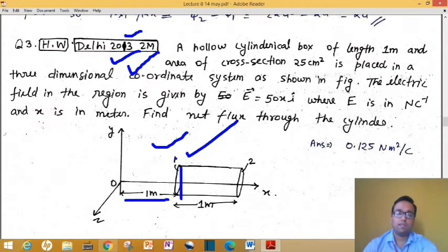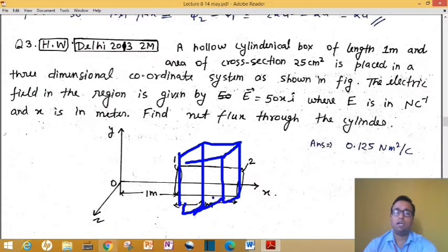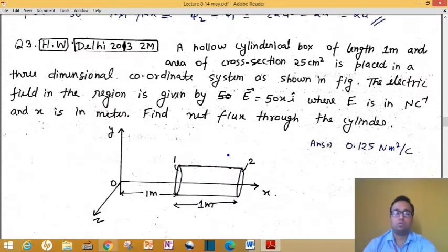Okay, in the previous example they had a cube, instead of this cylinder they had a cube. And this time they have given a cylinder. Next time they can give you any other geometry, like they can give a cuboid. Okay, so you may be asked to calculate the amount of flux, that depends on them, but the concept is the same. Okay, so try to understand this.